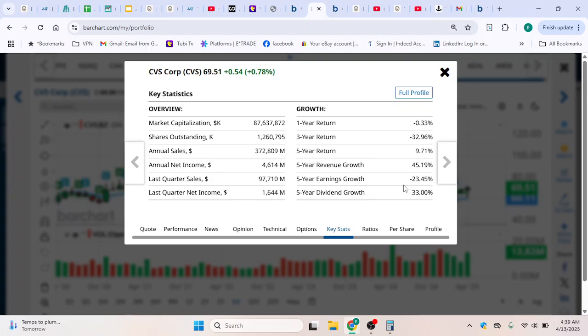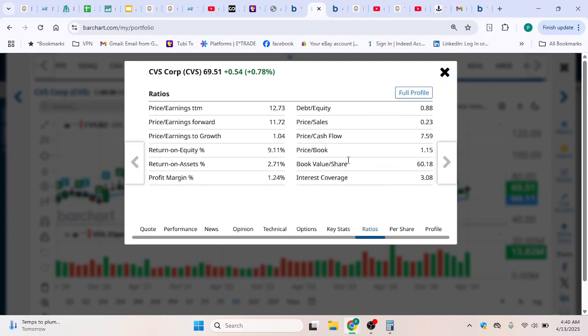I don't like that. I think that's terrible. They have grown their dividend double digits over that 5-year period. So this is a valued at an $87 billion company, okay? Last quarter net income, $1.6 billion. Let's look at some ratios of CVS.